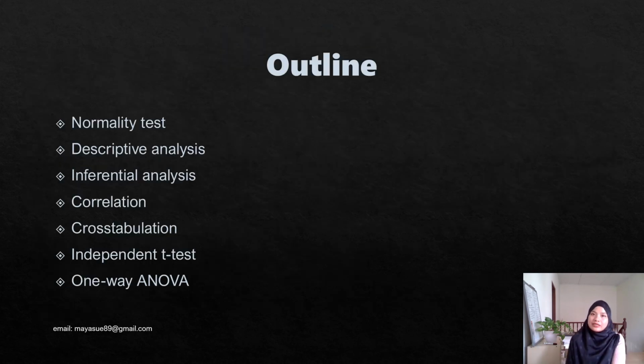So I think that sums up my presentation on the normality test and univariate tests. We learned the normality test and how to conduct it, and then the descriptive analysis: how to measure central tendency, the values mean, median, mode, and also the dispersion, the standard deviation and interquartile range.